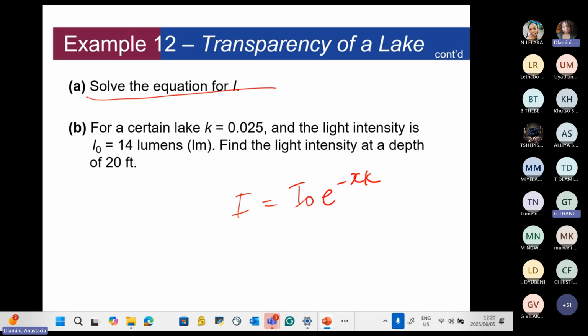Do you see that? Then we say, okay, k is 0.025. I0 is 14 e to the power of negative 20k, where k is 0.025 and x is 20. Then they find I.